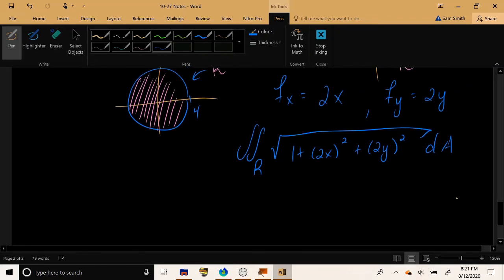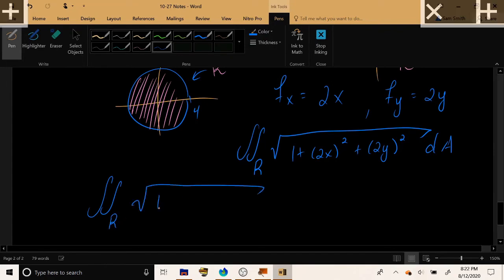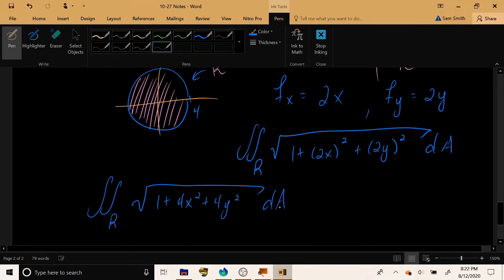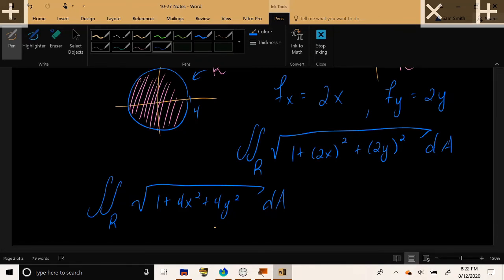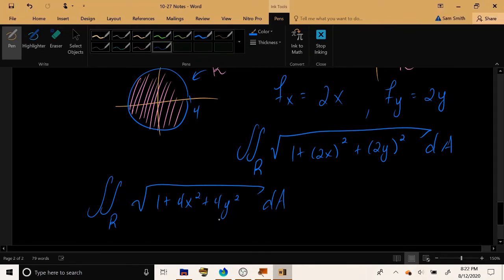Now I'm seeing another hint that polar integrals might be useful here, which is the appearance of the quantity x squared plus y squared in the integrand. X squared plus y squared, I recall, can always be reduced to r squared in polar coordinates, so it might help me out a bit.